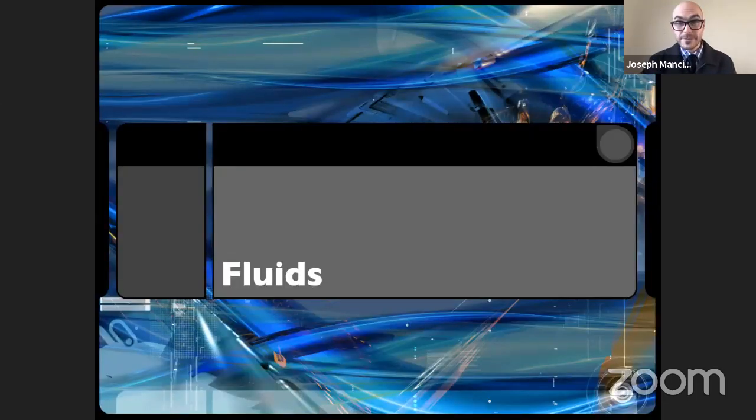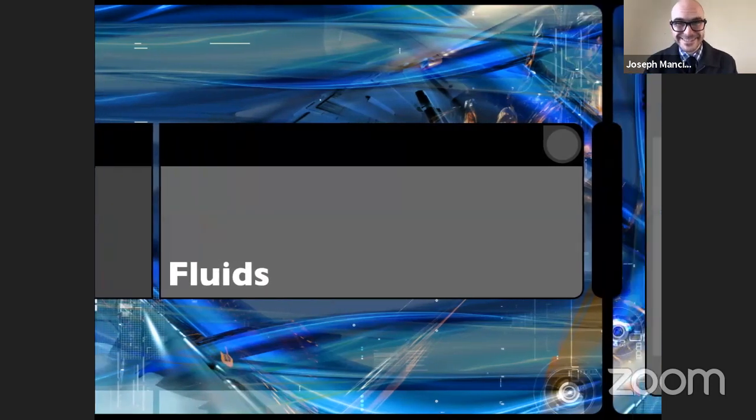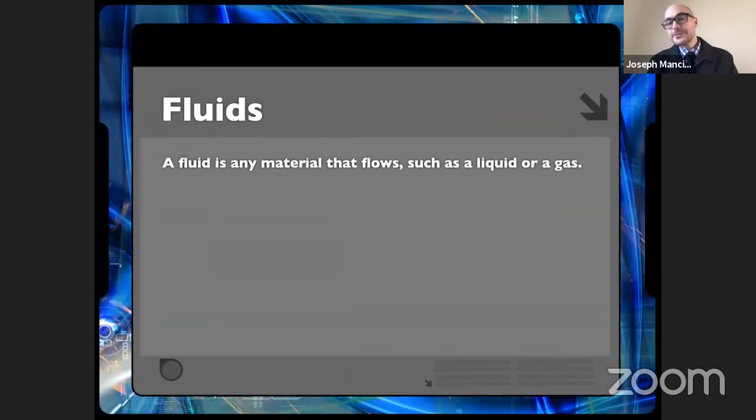All right, here we go. A fluid is any material that can flow, like a liquid or a gas. Most of the time in AP Physics, we refer to liquids, but occasionally you'll bump into a question about a gas.